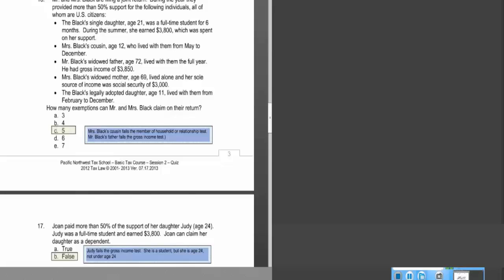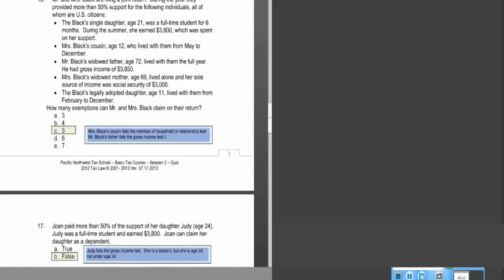Okay, number 16. Mr. and Mrs. Black are filing a joint return. During the year, they provided more than 50% support for the following individuals, all of whom are U.S. citizens. The Black single daughter, age 21, was a full-time student for 6 months during the summer. She earned $3,800, which was spent on her support. Mrs. Black's cousin, age 12, who lived with them from May to December.